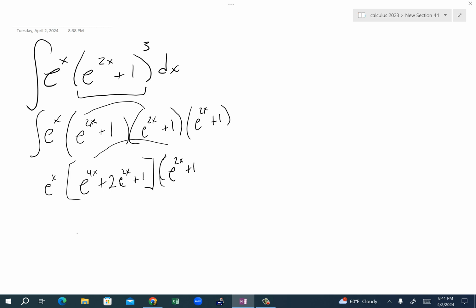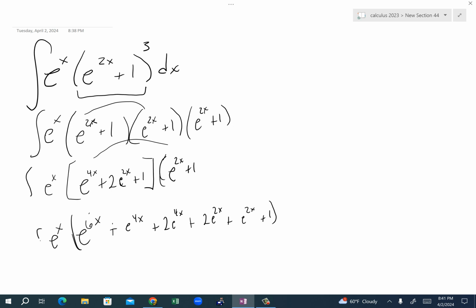And so this times this is going to be e to the 6x plus e to the 4x plus 2 e to the 4x plus 2 e to the 2x plus e to the 2x plus 1 times e to the x.